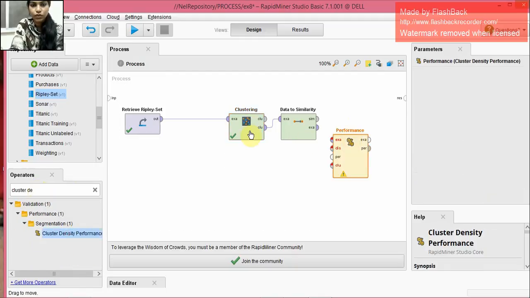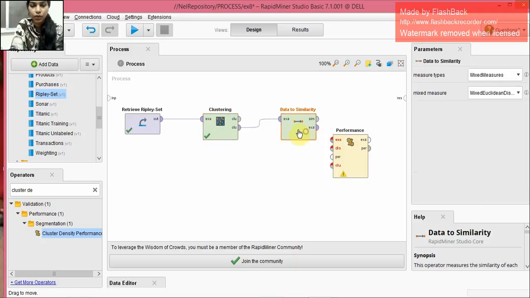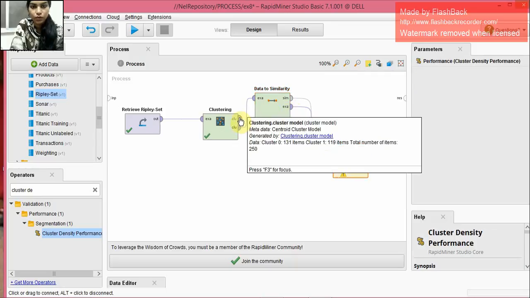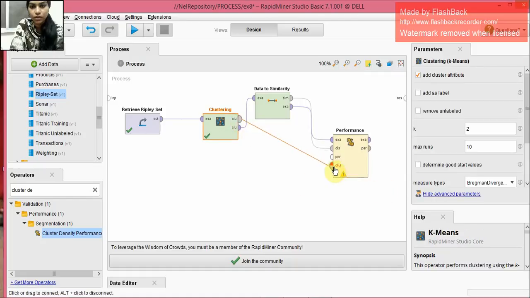This operator is used to measure the performance of the model, and the output from the data similarity is given to this performance operator, and the output of the clustering is also given to the performance operator.